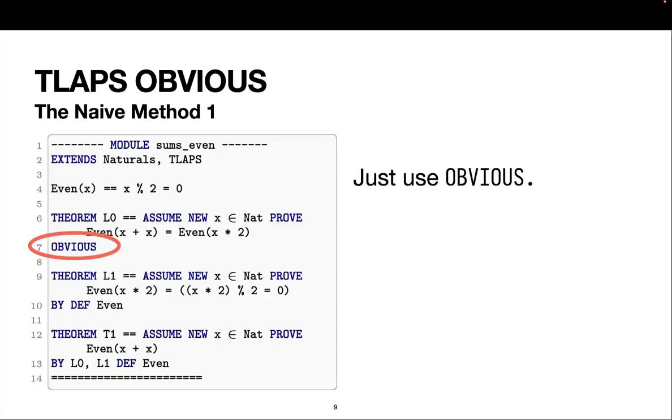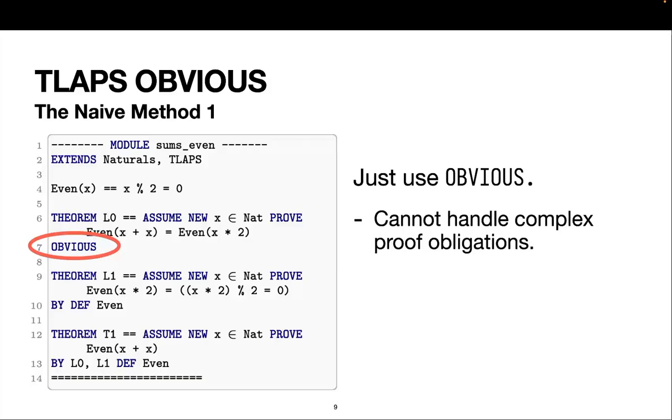Essentially, we are just asking the prover, can you prove this on your own without any other help? For simple obligations, this works, and it actually works pretty well. But for complex proof obligations, it doesn't work. Usually, for complex theorems, it requires the user to provide additional hints to guide the prover.